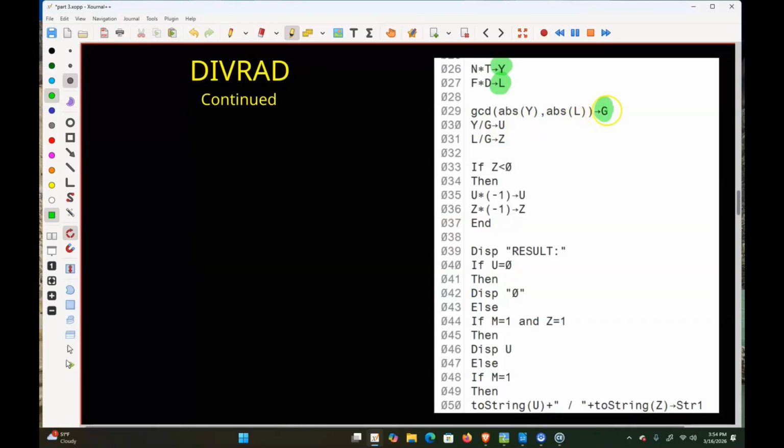So whatever I can simplify it by, I divide both sides by g. My u and my z now will be my reduced numerator and my reduced denominator. And now we're just getting everything prepared so we can start displaying the results.